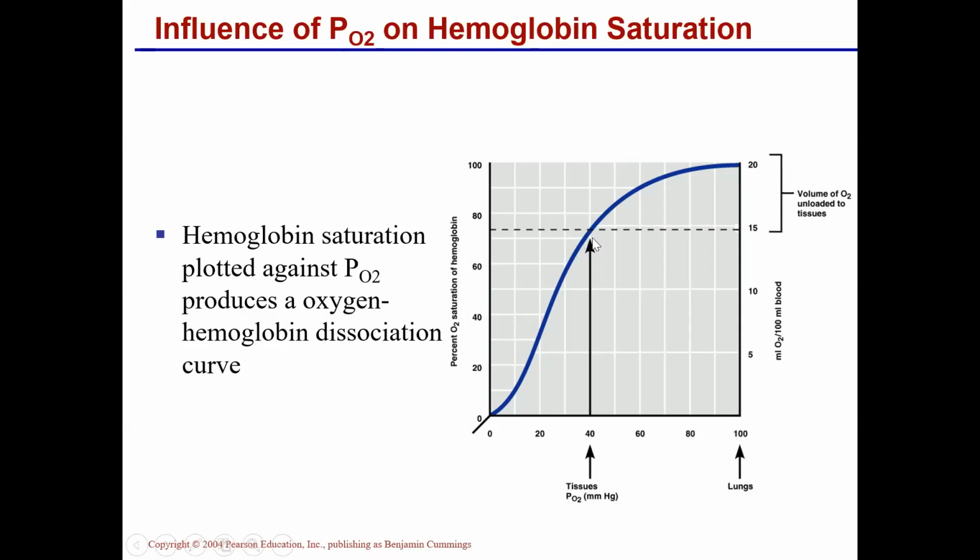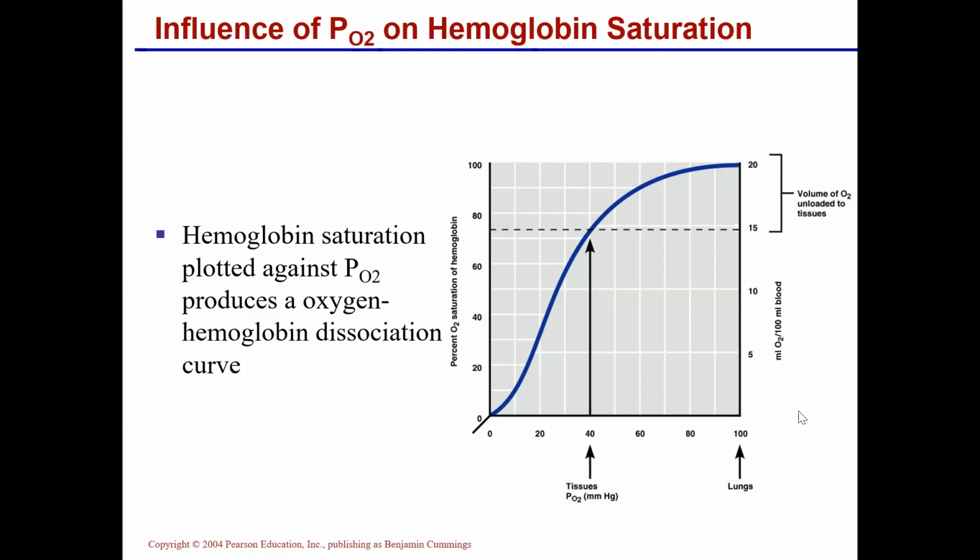Even in oxygen-poor blood, we still have 70% traveling in the blood. From here down to zero, there's a huge reserve. This is a good protective mechanism. If you suddenly get into a situation where you need more oxygen, you can definitely unload more oxygen from hemoglobin. This is called the hemoglobin saturation curve.